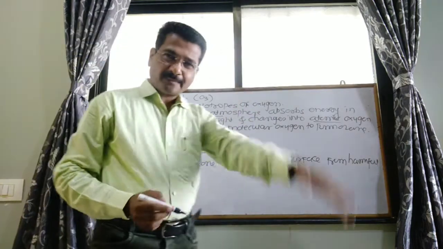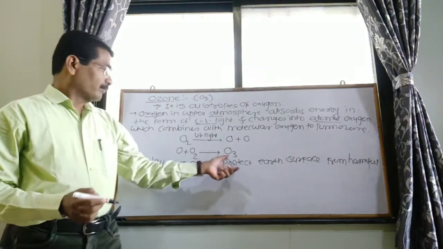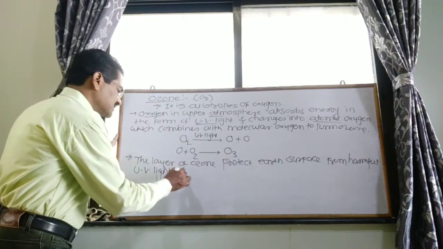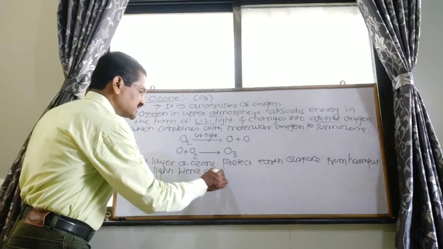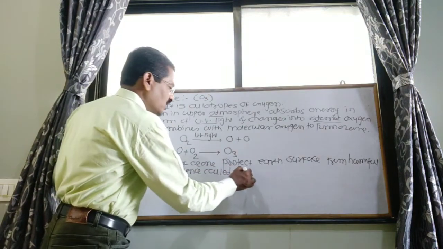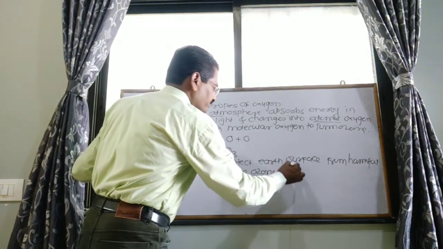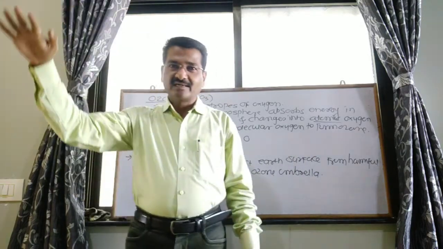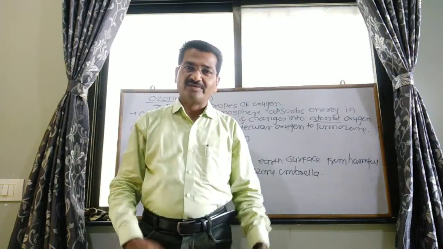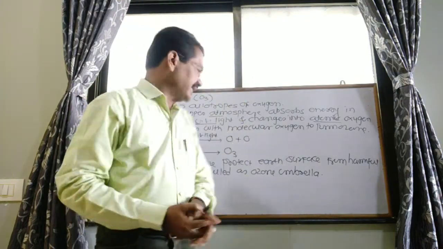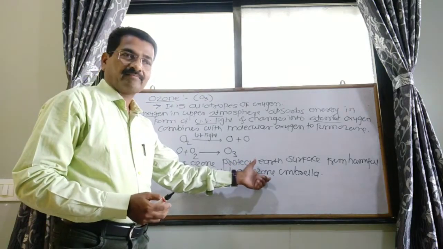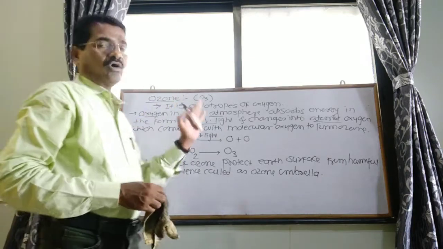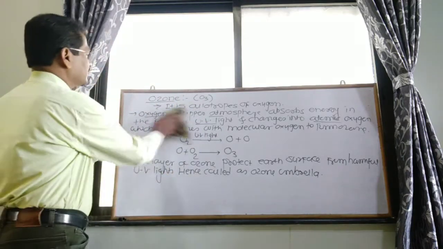The layer of ozone protects the Earth's surface from harmful UV rays, hence it is called the ozone umbrella. The layer present around the Earth's surface, which protects the Earth from UV rays, is called the ozone umbrella. So this is the general introduction of ozone.